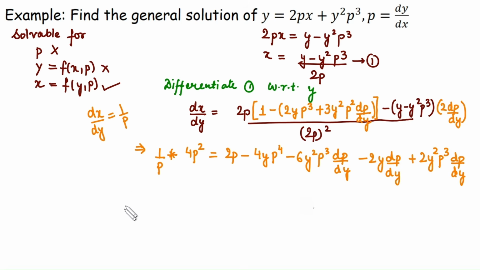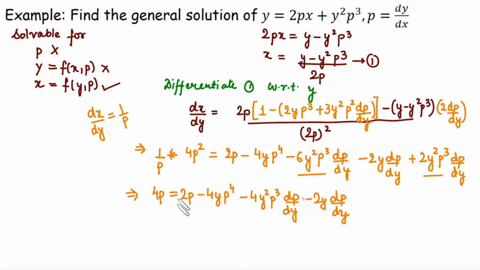Now further simplify this. This is equal to 4p is equal to 2p minus 4yp raised to power 4. This term gets clubbed with this and it results in minus 4y square p cube dp by dy, and the next term is as it is.